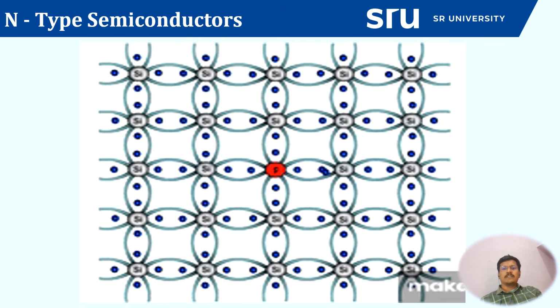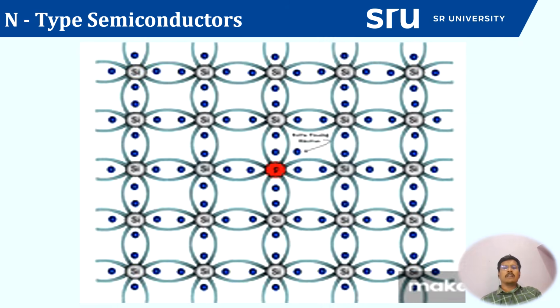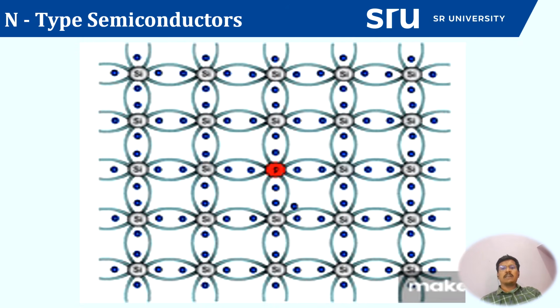That disturbs another bond, and another electron is released from the bonding, creating a hole, which is marked with a red space. Later, that hole attracts the nearest electron to that place. Then the hole shifts to another place.